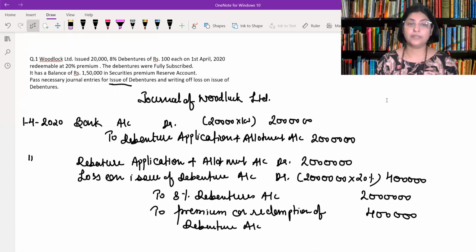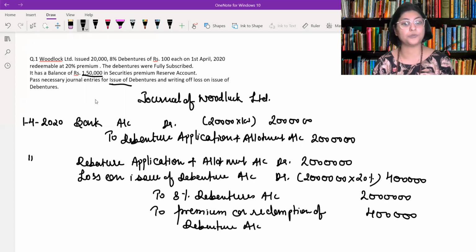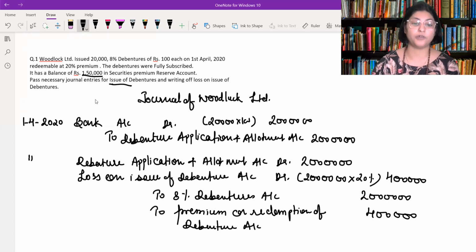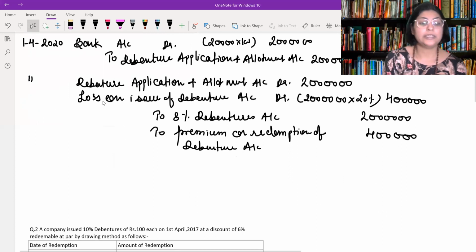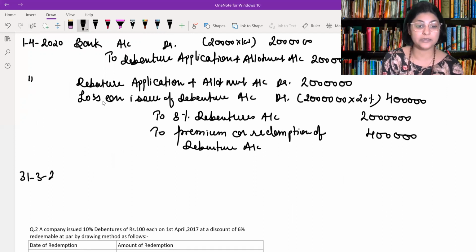What are those two different places? First we will use the balance which is available in securities premium reserve, and here is a balance of 1,50,000 rupees in securities premium reserve. We will use this, and then the remaining amount will be taken from the statement of profit and loss. And when do we do it? Yes, on 31st of March of the same year, as the financial year ends on 31st March 2021.